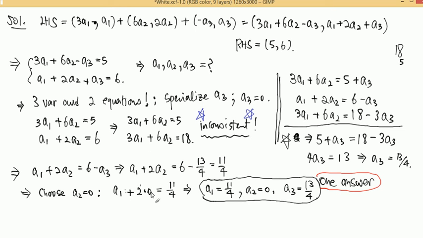A2 equals 0, you solve for A1, and it's 11 over 4. So I claim that these three numbers still work for the first part as well. So this is one answer, but I think A3 should be 13 over 4. There's no other choice for A3.